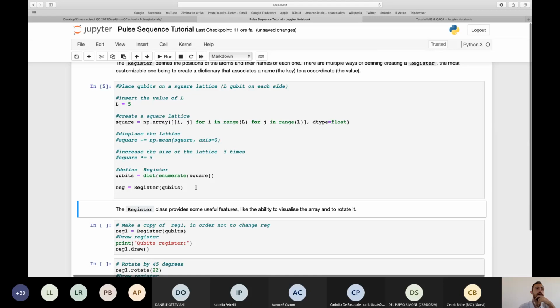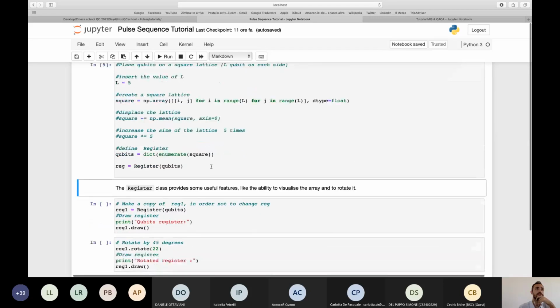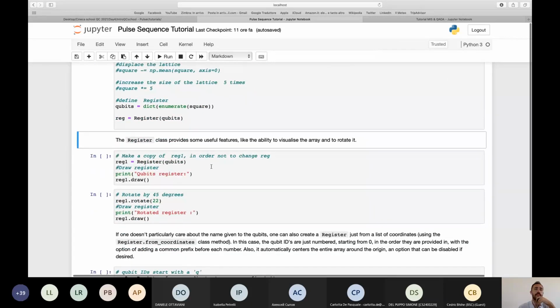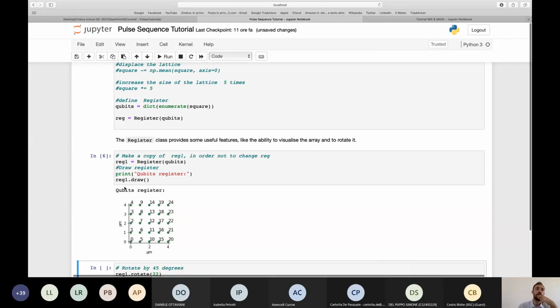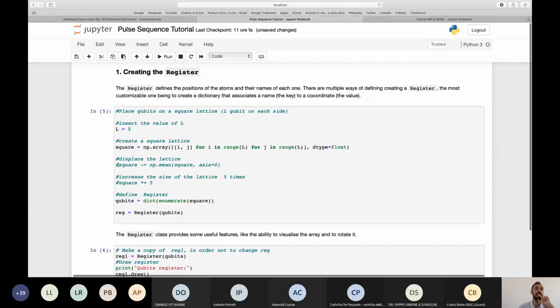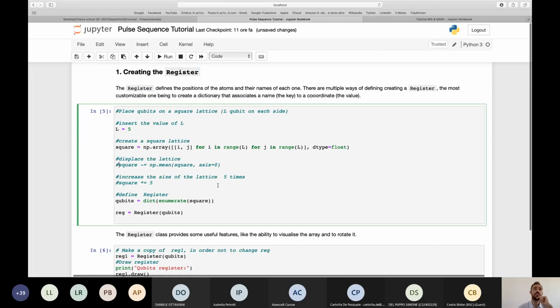Let's show this one. Let's copy register into register 1. What I want to show you is how you can draw the register in this way. Each one of these is a qubit, and each one is labeled with a number. Then you can modify the position of the qubits.